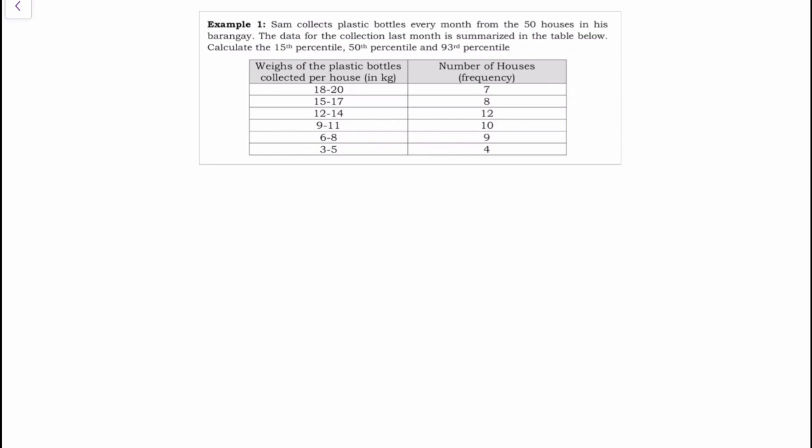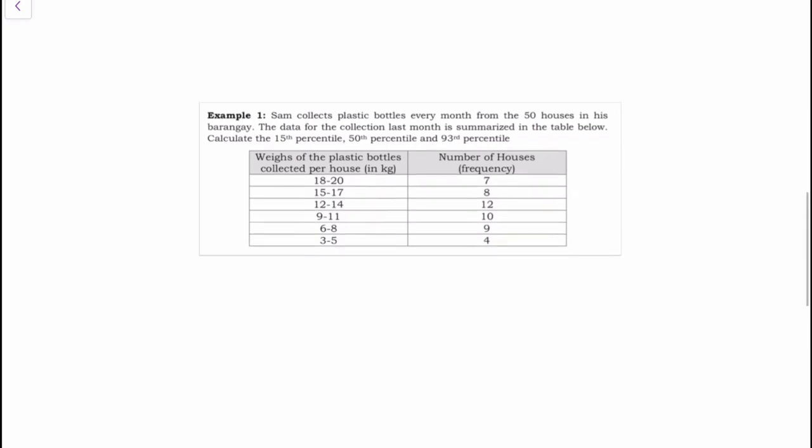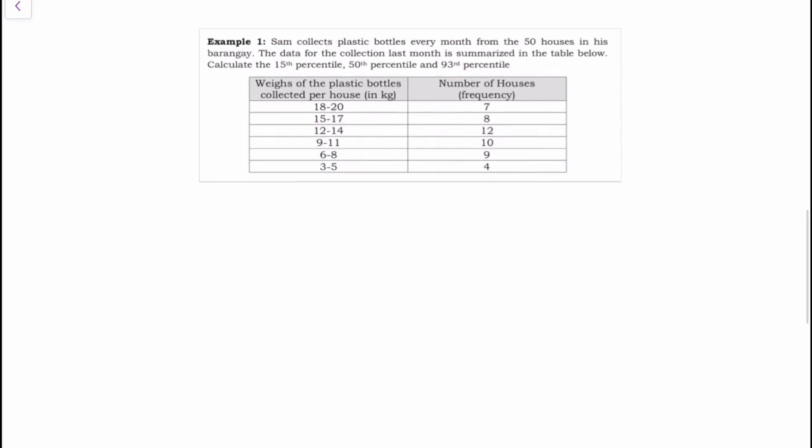Now, before we compute the 15th, the 50th, and the 93rd percentiles, let us make a table containing the data that will be needed to solve the percentile. Back in our formula, we need LB and the cumulative frequency to solve the Pk value.